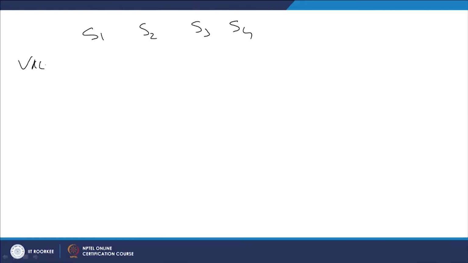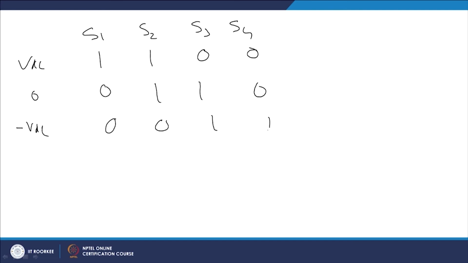When you require to generate VDC, that means 2 upper switches will be closed, let us make the upper switch closed by 1 and other will be 0. When you want 0, it will be this condition. When you want minus VDC, you will have this.